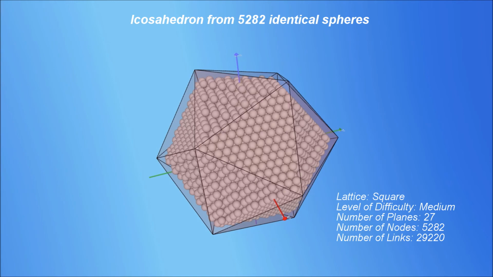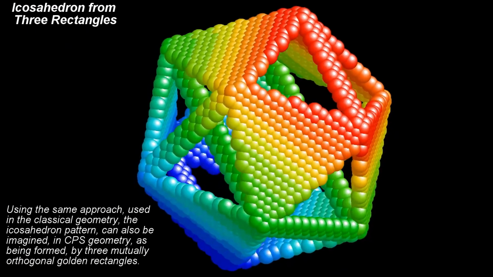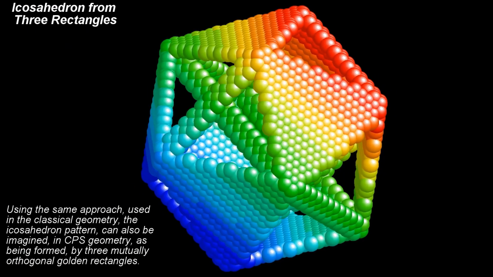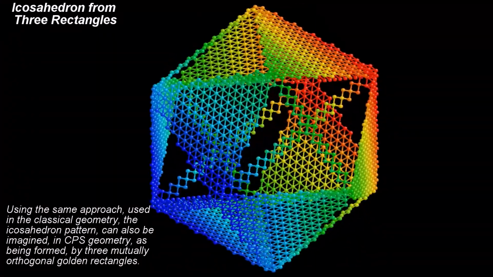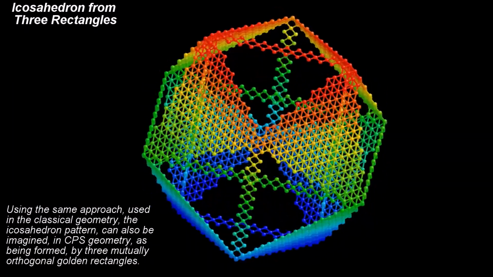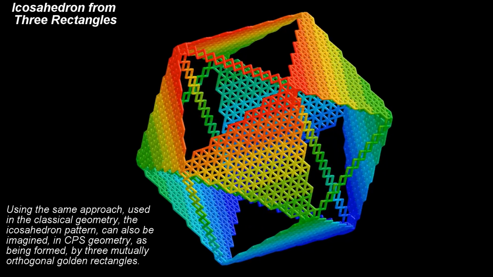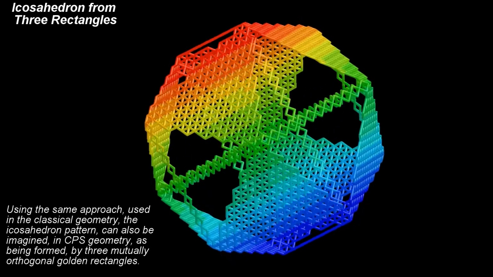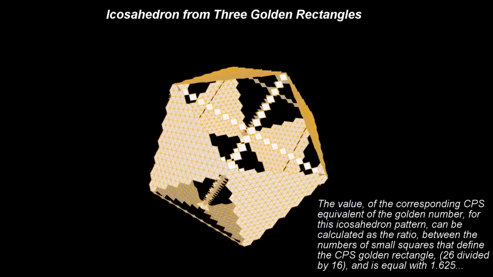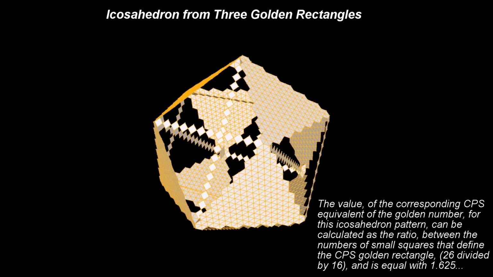Using the same approach used in the classical geometry, the icosahedron pattern can also be imagined in CPS geometry as being formed by three mutually orthogonal golden rectangles. Following this approach, the golden number is the limit of the ratio between the longer and shorter side of the three orthogonal rectangles, defining the golden icosahedron's pattern in CPS.